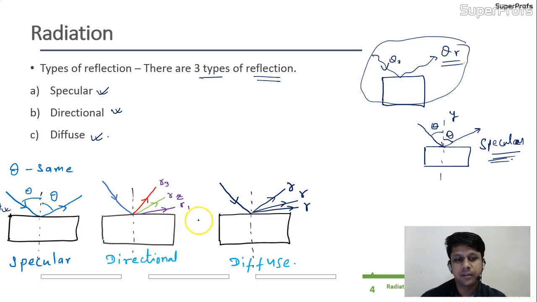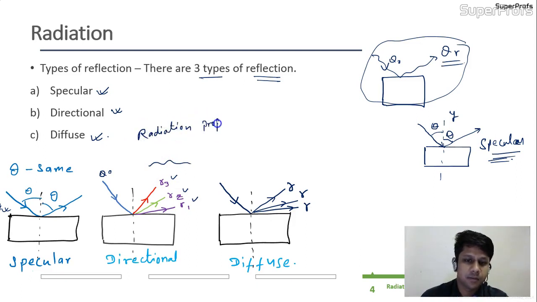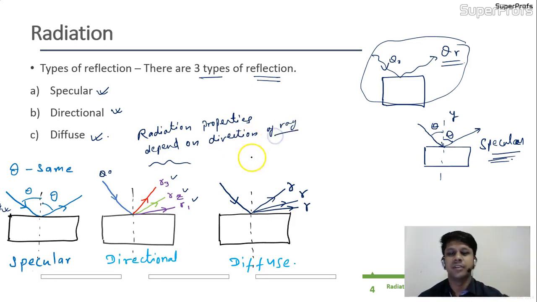Now the second one is directional. In directional reflection, let us say this ray is coming and it has been reflected in three different directions, and the properties are different in different directions. So the radiation properties depend on the direction of the ray or direction of reflection.